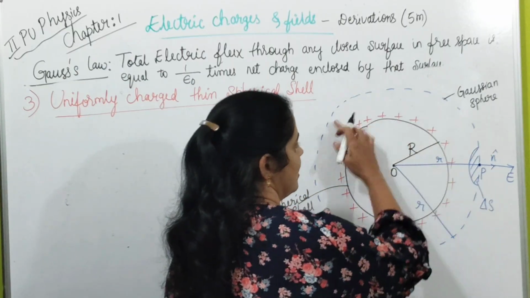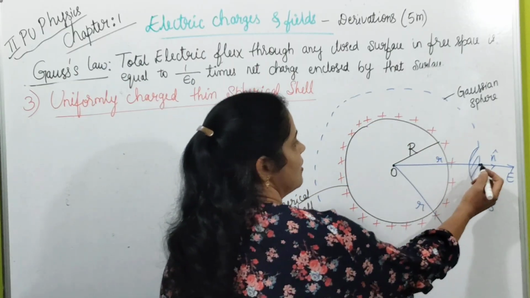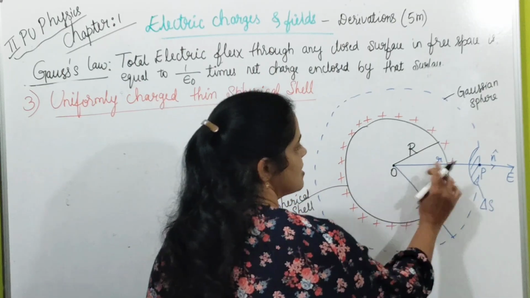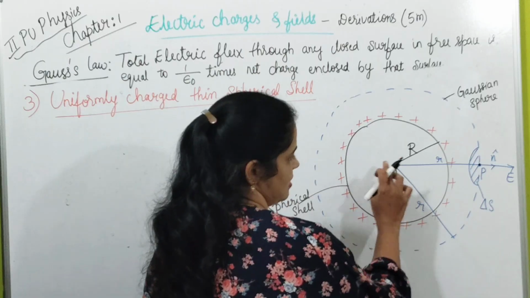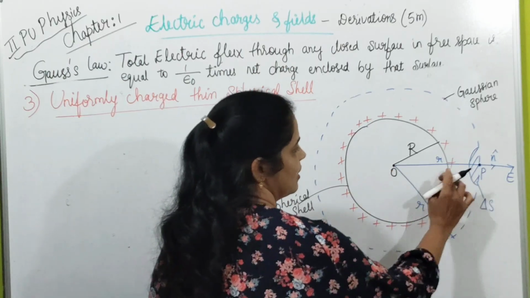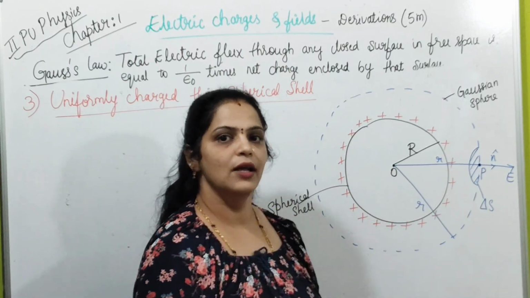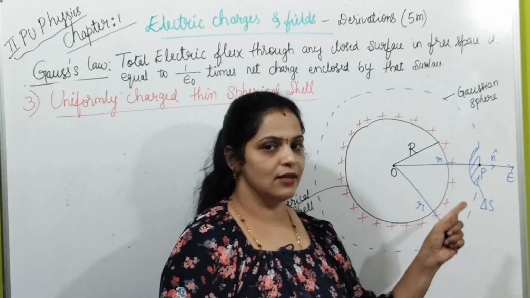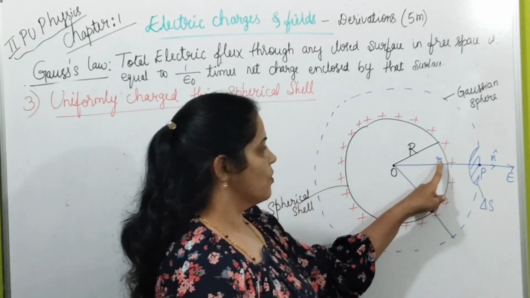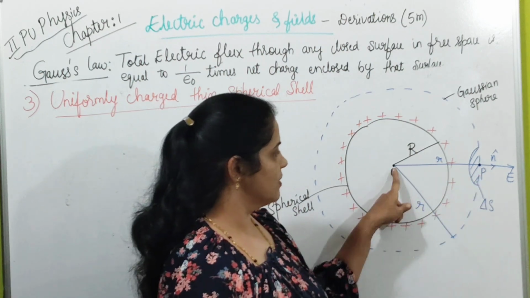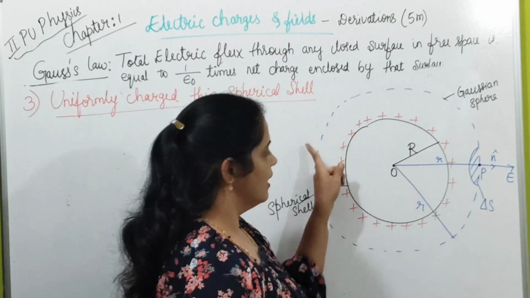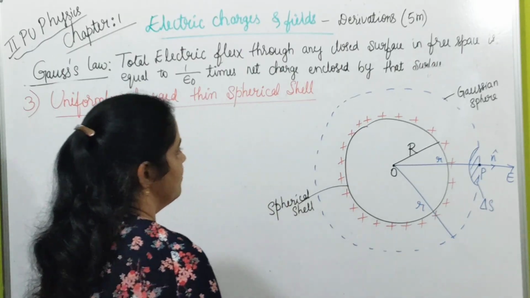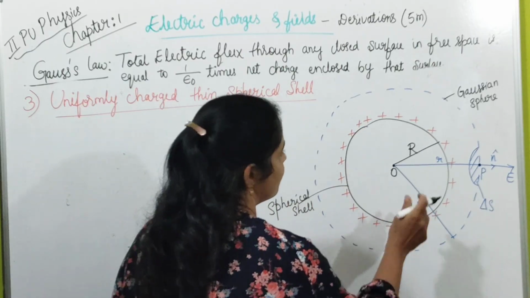This dotted line is a Gaussian sphere, and this Gaussian sphere includes this point, so that the distance of point from this center is nothing but small r, which is equal to radius of the Gaussian sphere. So this Gaussian sphere is an imaginary sphere. Small r is the distance of point P from the center, which is nothing but radius of the Gaussian sphere.